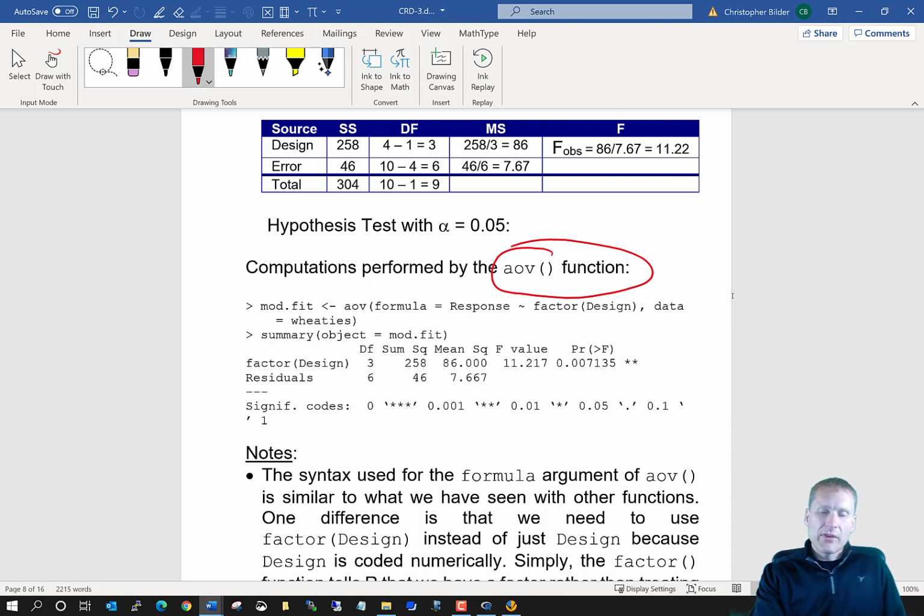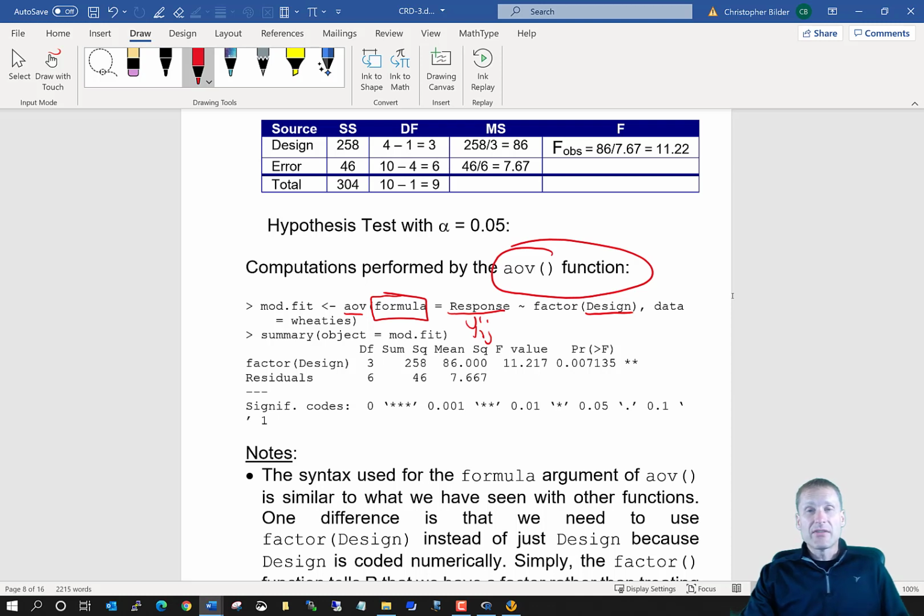What we can do with this function is that we have an argument called formula. We've seen formula arguments before, for example, with the aggregate function. We take our response variable, y sub i j, and basically what we're saying is that this y sub i j can potentially change as a function of the actual cereal box design type.